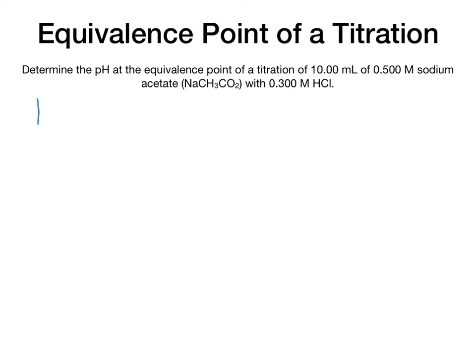And so that means that in my burette, I have HCl, and in my flask, I have 10 milliliters of 0.5 molar sodium acetate.